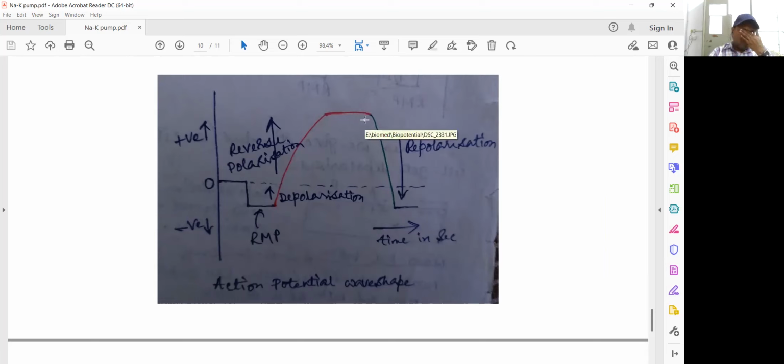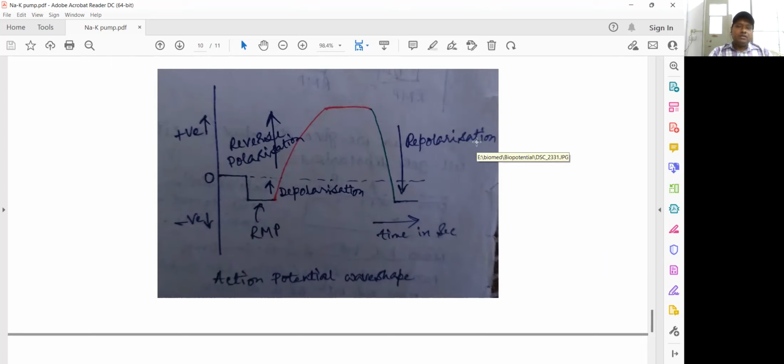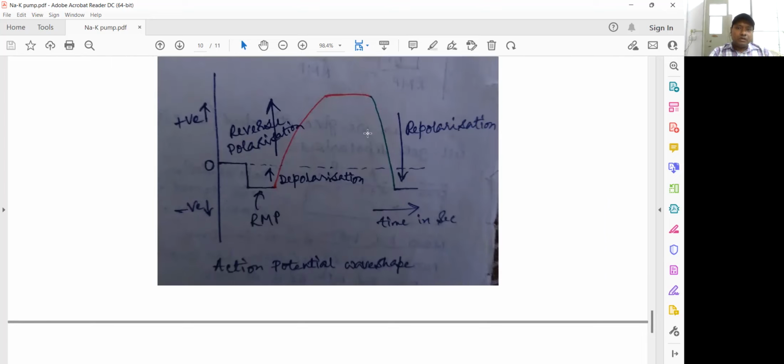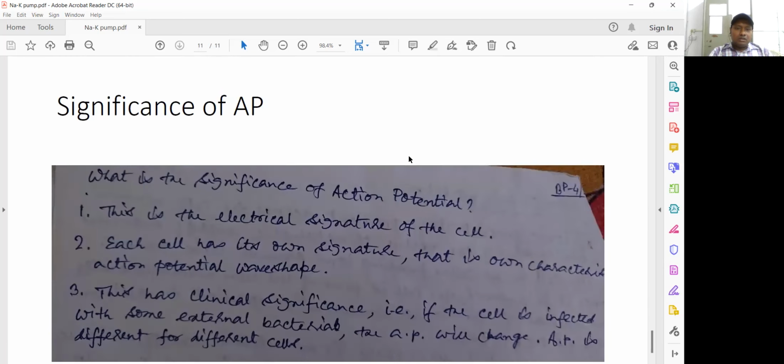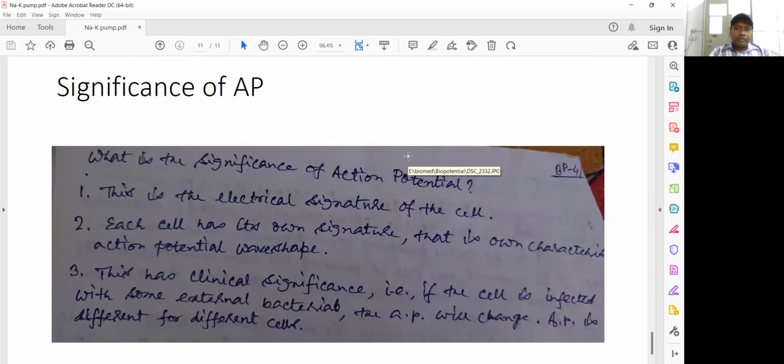Okay, so depending upon the nature of the cell, this particular wave shape will be changing. If it is a nerve cell, we will see some spike, and if it is a muscle cell, there will be some flat top, and the flat top will be happening due to the ion travel time. Okay, so this is the electrical signature of the cell.